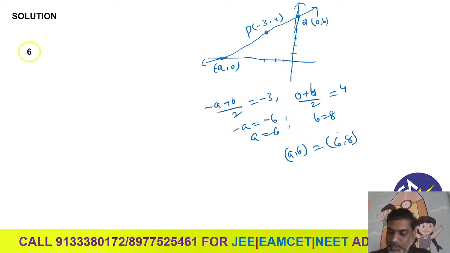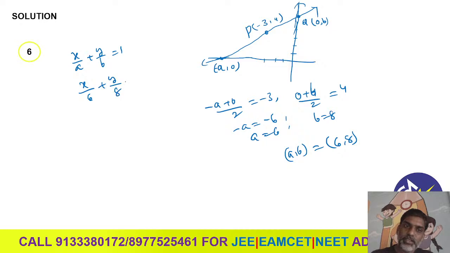If A comma B is equal to 6 comma 8, then what is the equation of the straight line? The equation of the straight line is x by A plus y by B equals 1. So x divided by A, that is 6, plus y divided by B, that is 8, equals 1. Then here we can get 4, and here we can get 3.